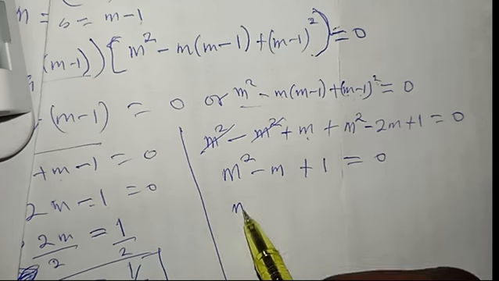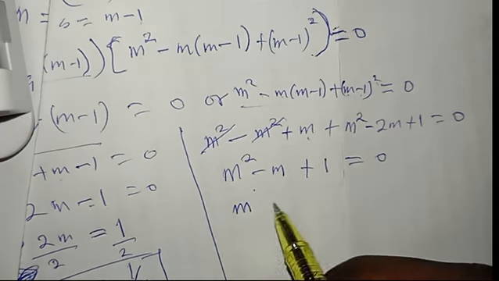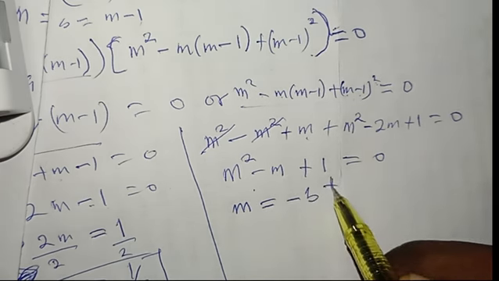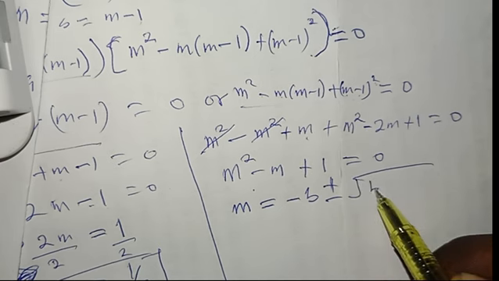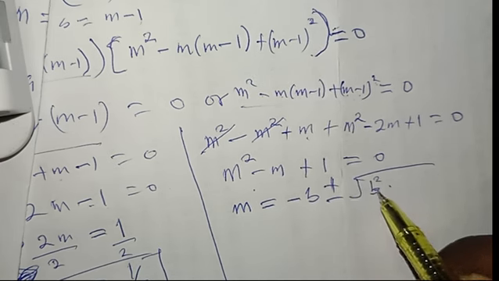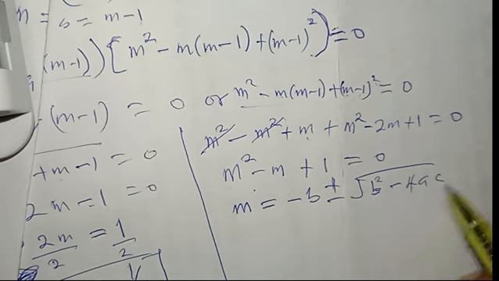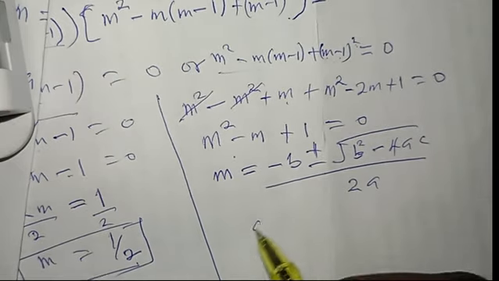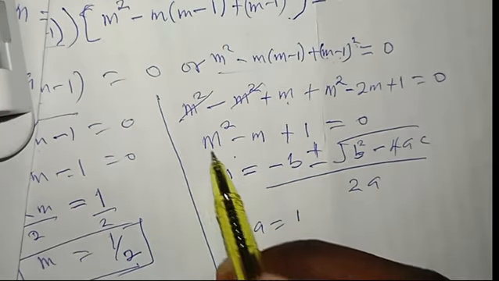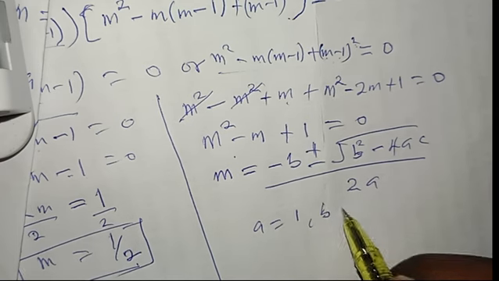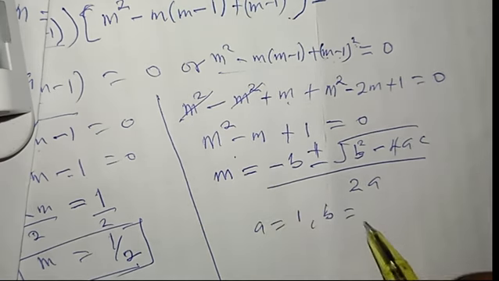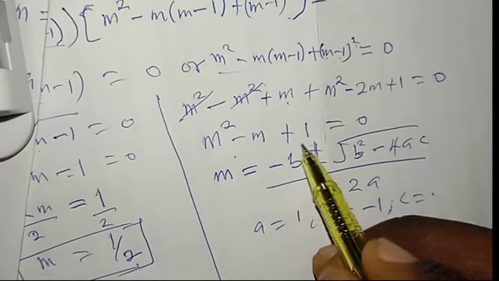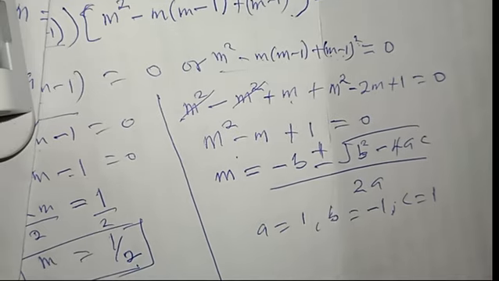So using the formula method, which gives us the value of m to be equal to minus b plus or minus the square root of b squared minus 4ac, divided by 2a. And so in this case, our a is equal to 1, that is the coefficient of m squared. b is equal to minus 1, and that's the coefficient of m. And then c will be equal to the constant, which is just 1.